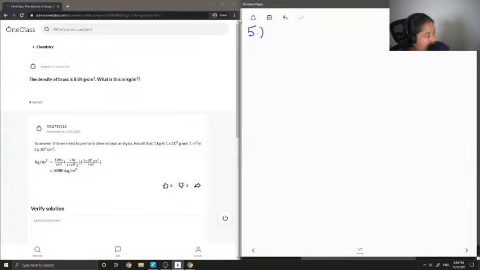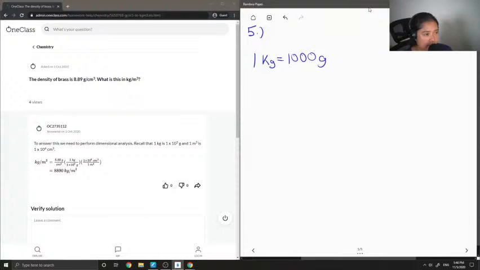The density of brass is 8.89 grams per centimeter cubed. What is this in kilograms per meter cubed? First let's understand the relationship between grams and kilograms. 1 kilogram is the same as 1,000 grams.